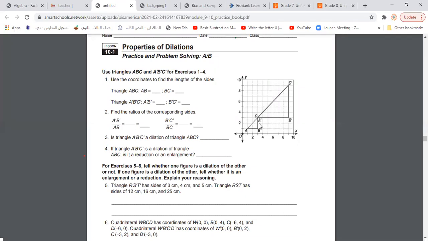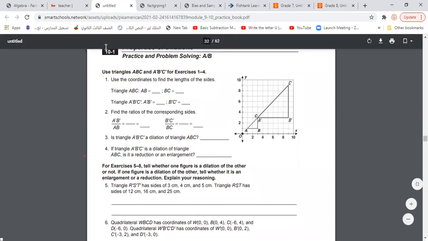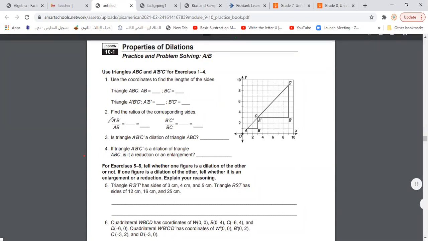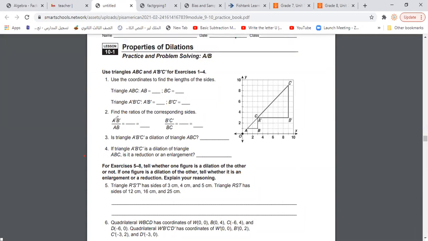What about the triangle A prime, B prime, C prime? A prime B prime is 0, 1, 2, 3, 4, 5, 6. And what about B prime C prime? 0, 1, 2, 3, 4, 5, 6. Then we find the ratio of the corresponding sides. The ratio for the first one: A prime B prime was 6 and AB was 2.